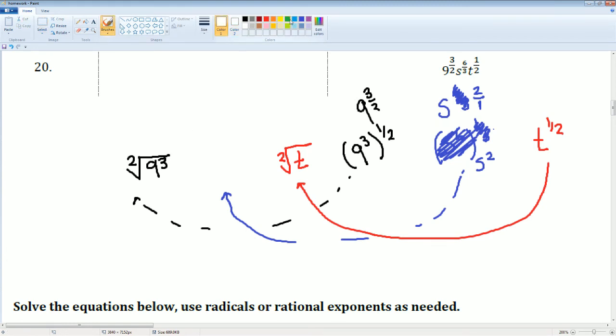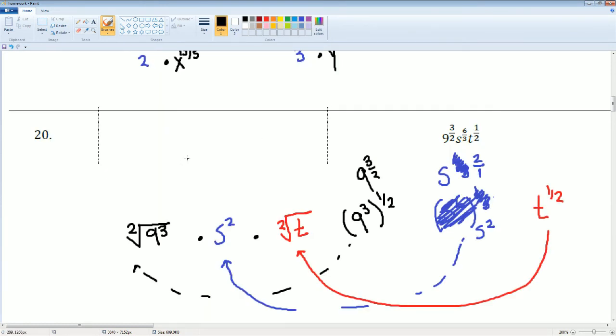And we can just write this as S over 2. Now, if you multiply these all together, which you can, it should look something like this. The S square is going to just go out in front, okay, because there's no radical here. Then you have this radical, okay? So this is the 9/3 times t.